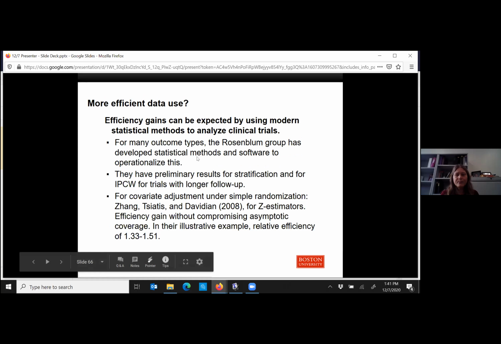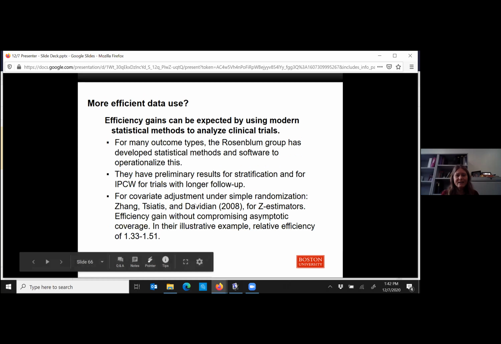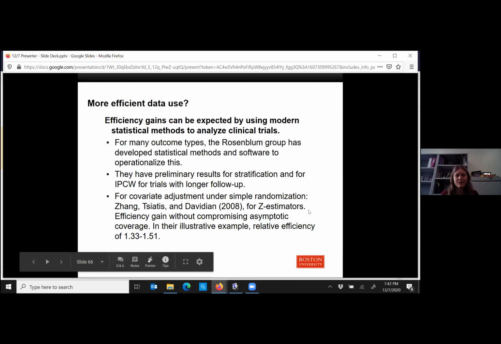For many outcome types, the Rosenblum group has developed statistical methods and software to operationalize this. And they also have preliminary results for stratification and for inclusion of inverse probability of censoring weighting for trials with longer follow-up. There is also an important paper by Zhang, Tsiatis, and Davidian from 2008 that works for simple randomization and for Z estimators.